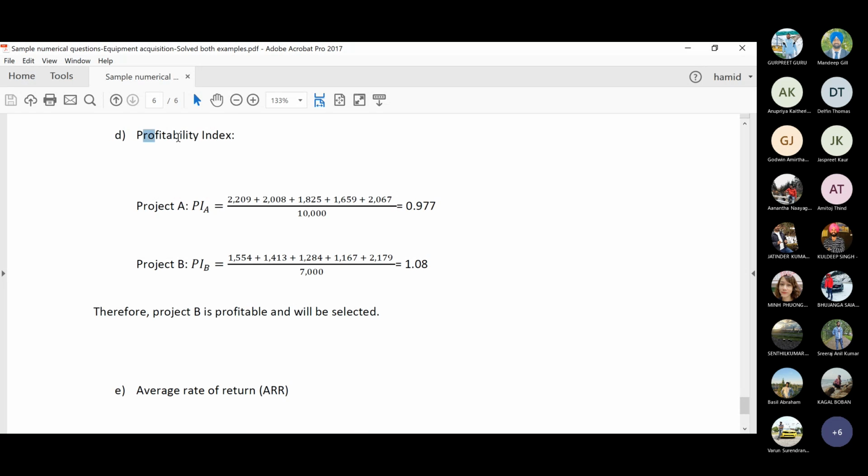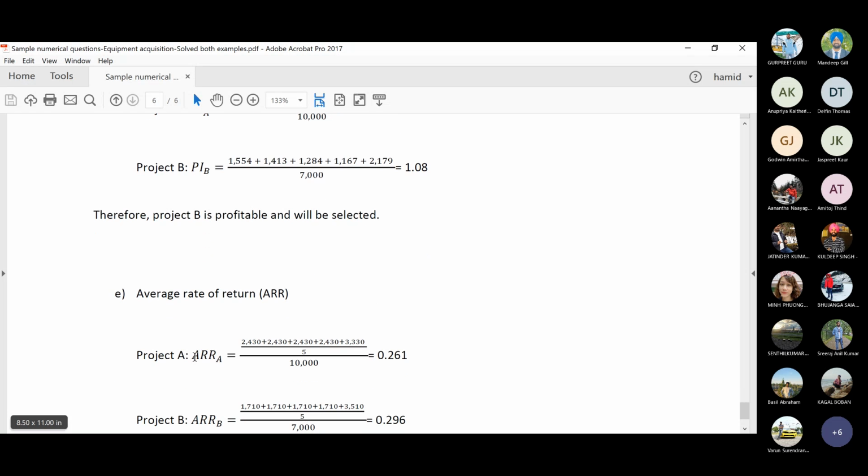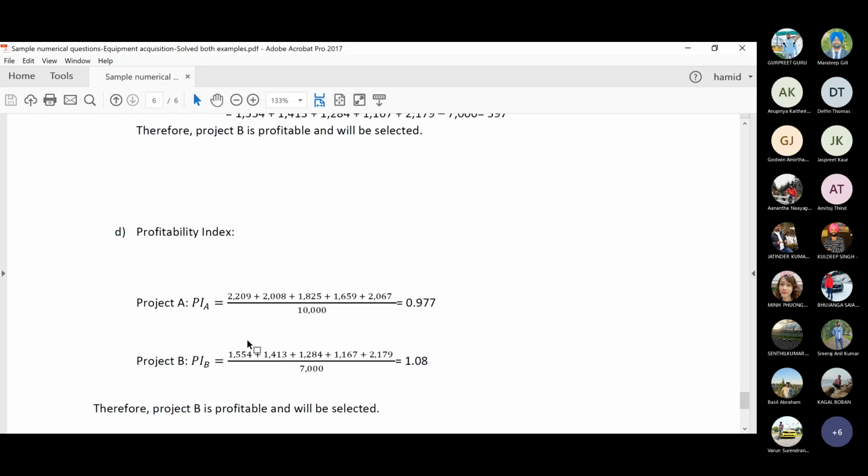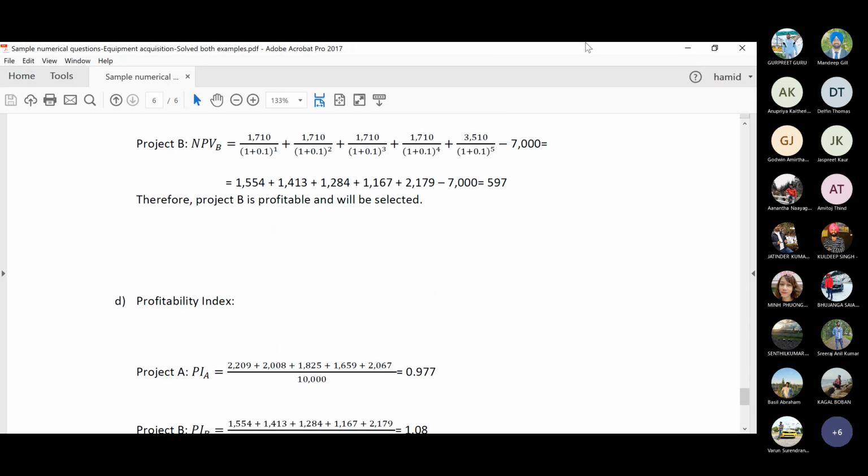So profitability index considers the time value of money, but average rate of return does not consider the time value of money. Okay, so be careful about that in the final exam. You may face difficulties if you don't know these topics.